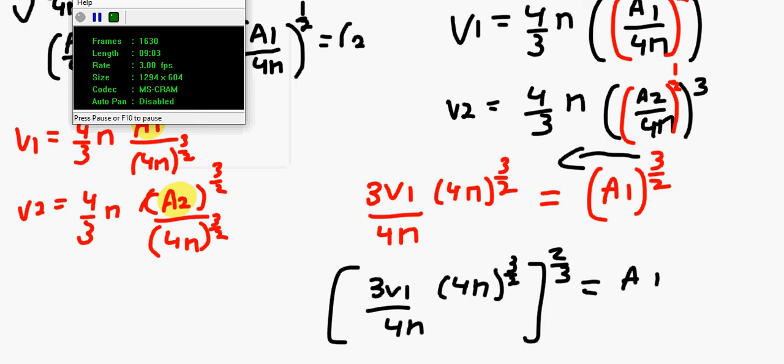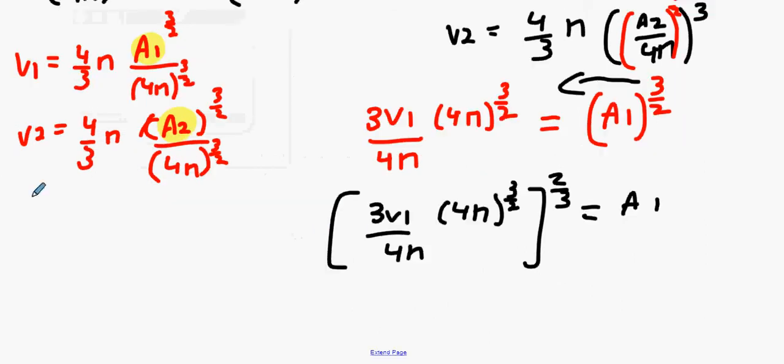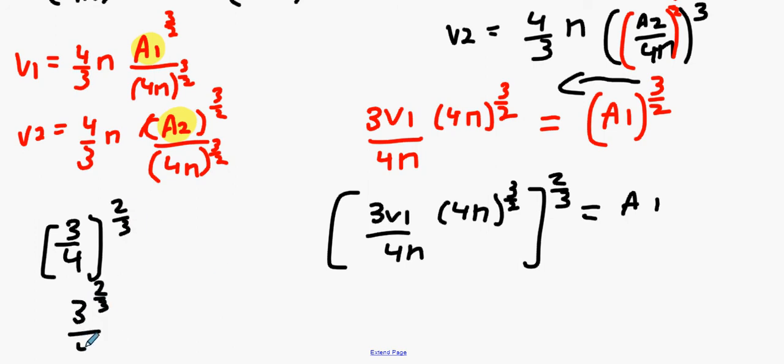Let's keep going. Once again, we're going to reduce this down to a more simple fraction. What would happen if I had 3 over 4 to the power 2/3? What would you have done in the past? It's 3 to the power 2/3 divided by 4 to the power 2/3.